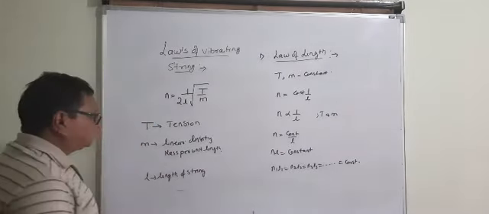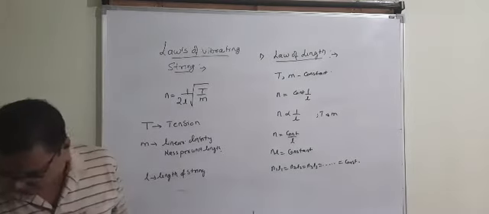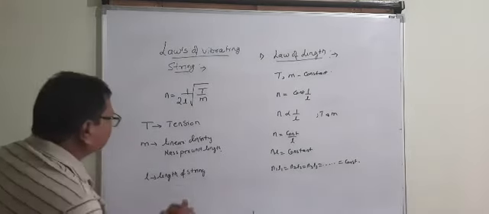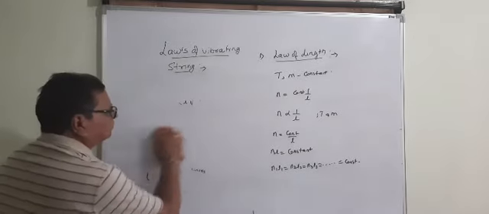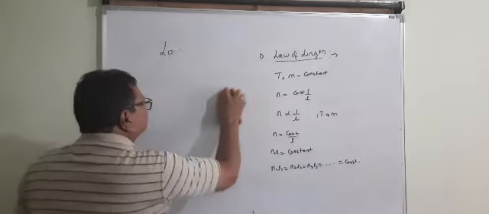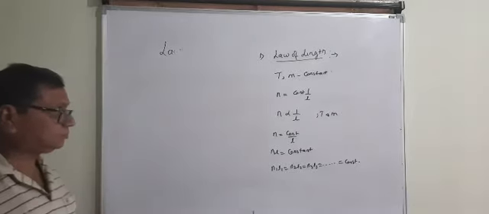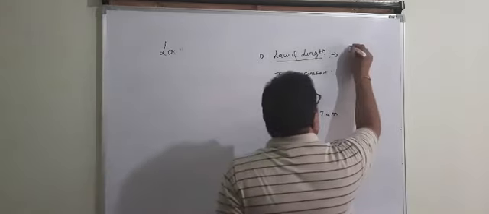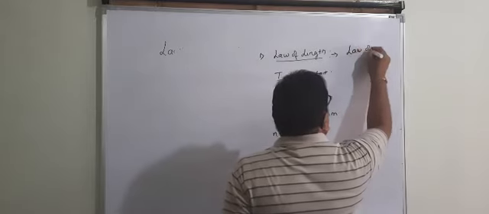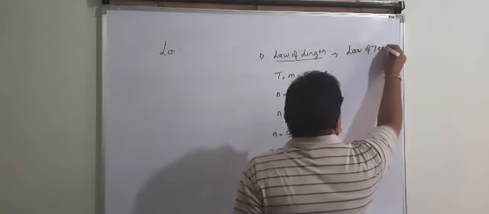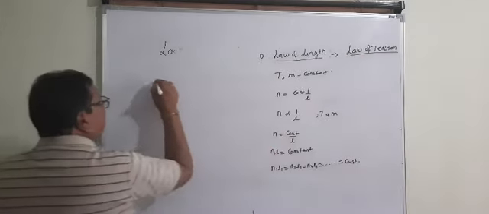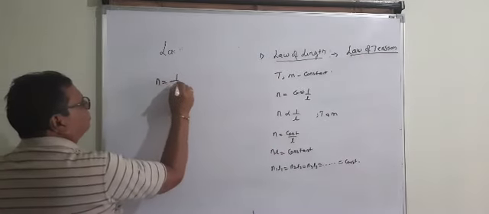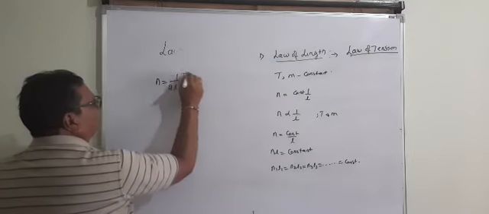Second law, that is the law of tension. Law of tension states that... I have read the fundamental frequency is given as 1 upon 2L under root T by m.